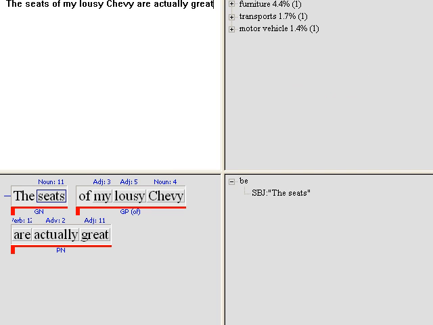In order to understand the unique features of Cogito, let's analyze sample sentences using the interface on the actual engine. If I write the following sentence, "The seats of my lousy Chevy are actually great," the system, because it has a deep understanding of language, is able to understand that in this sentence there is a direct relationship that links the seats with great.